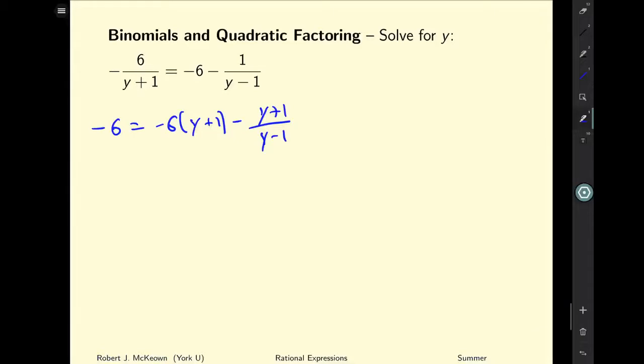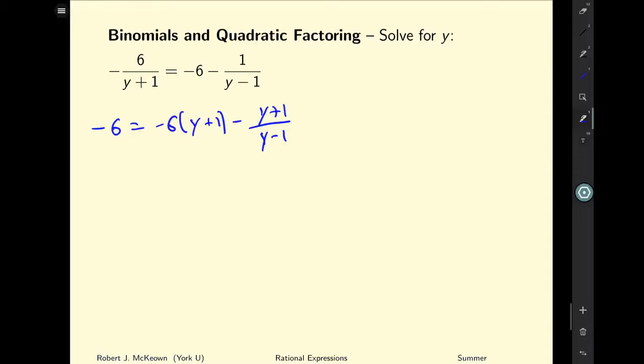Why did I do that? Well, now it's very obvious to me what I need to do to find the lowest common denominator here. If I multiply these two terms by y minus 1, all the terms will have the same denominator. So why don't I go ahead and do that?